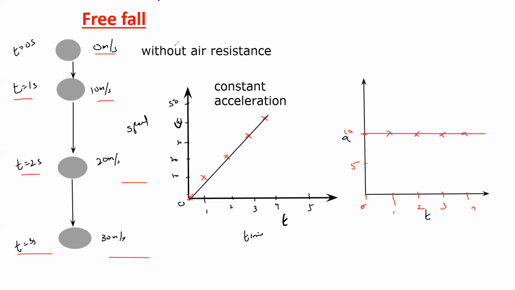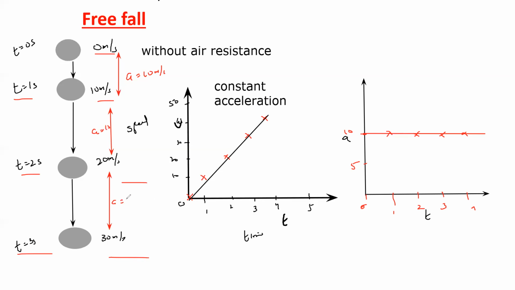What about acceleration? The term acceleration means change in the velocity divided by time interval. So what is the acceleration here? That is 10. What about acceleration from 1 second to 2 seconds? That is also 10. What about acceleration from 2 seconds to 3 seconds? That is also 10.